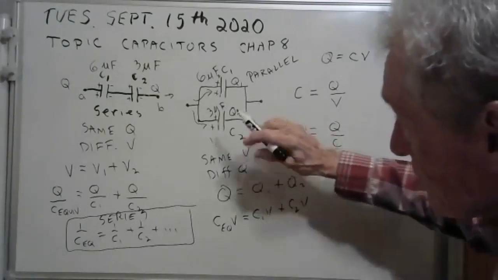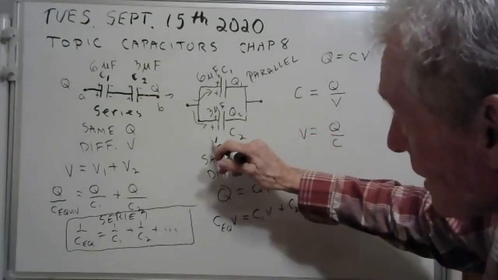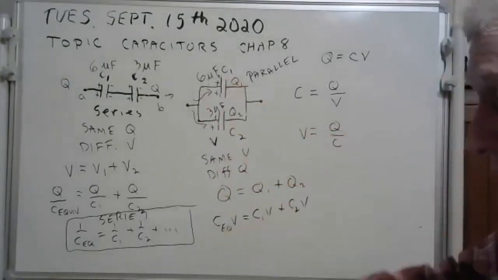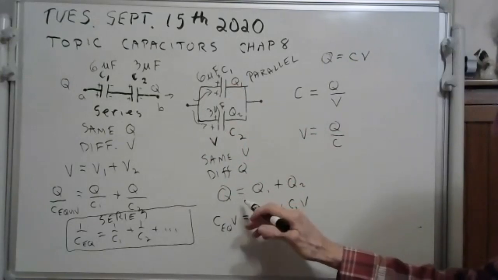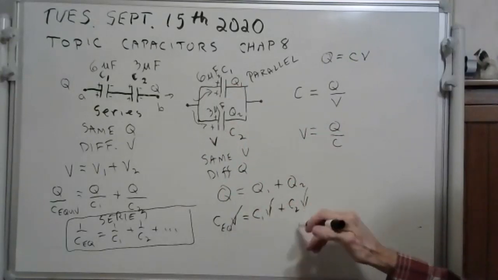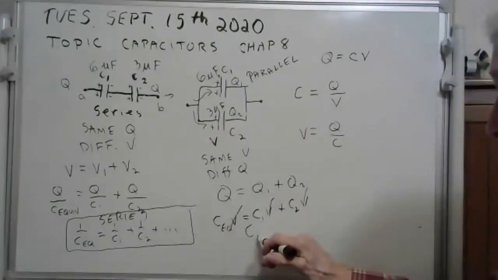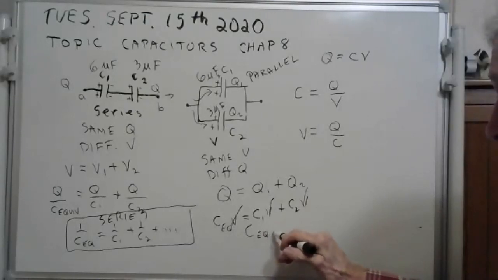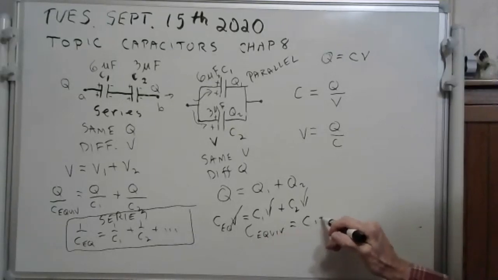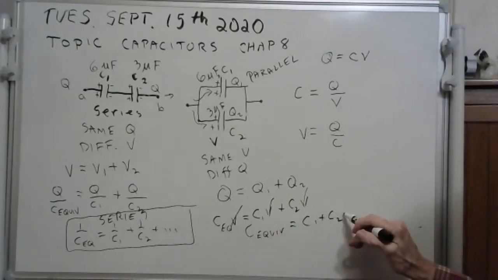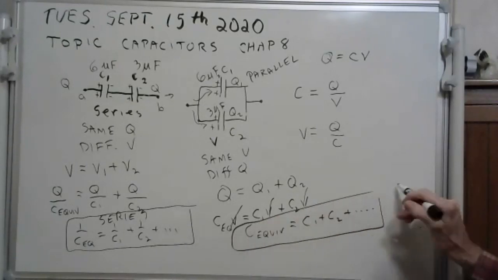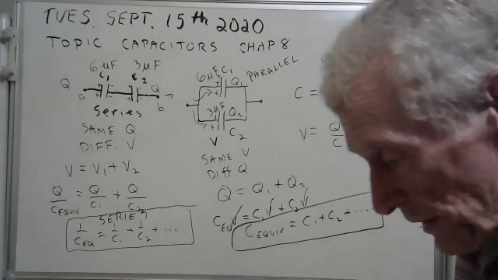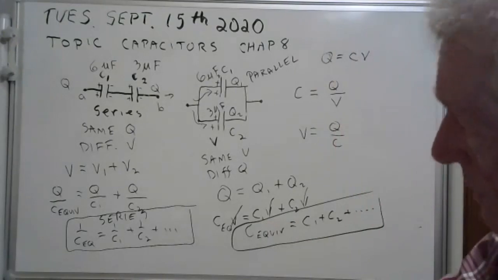But remember, the voltage is the same when you're in parallel. You can do a little algebra now and just get rid of those voltages there. And you have your equation now for the equivalent capacitance. If you have more than two in parallel, then you can just add them like that. And if you didn't like the way I did that, read the book.